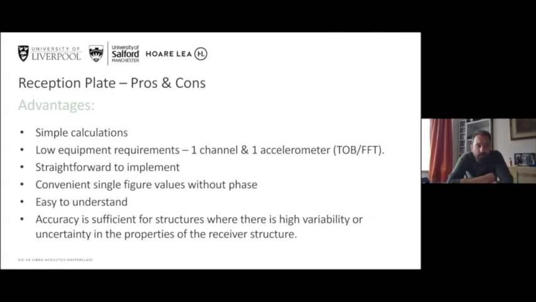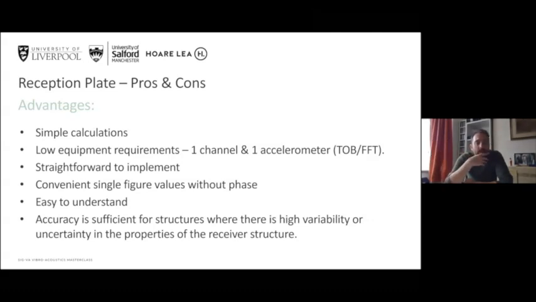Another useful thing is that the data which comes out are convenient single figure values with no phase information, which is really easy to understand in 3rd octave bands and should be familiar to most people.